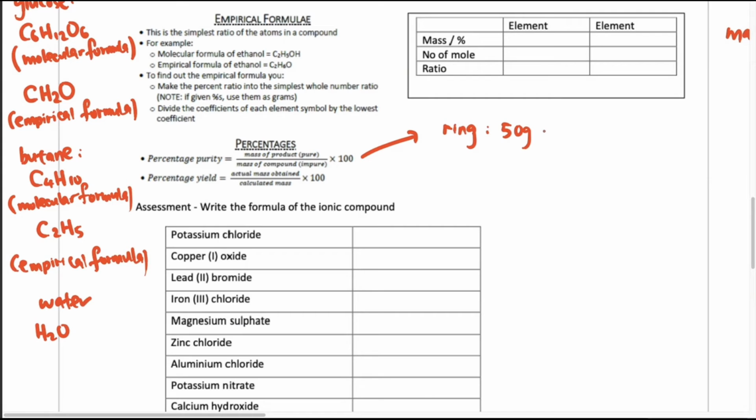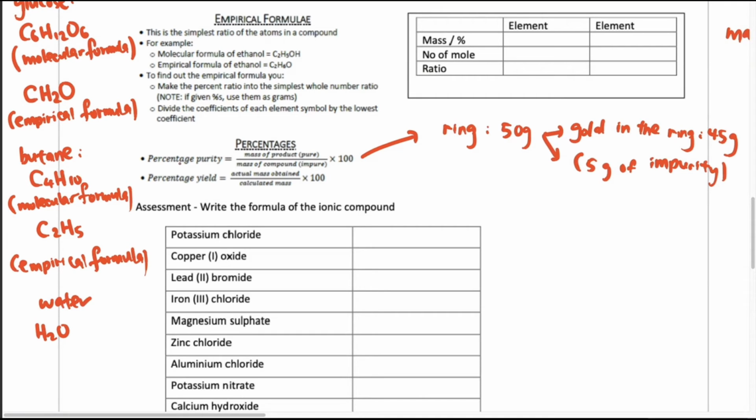Okay, so let's say the ring is 50 gram, but the gold inside is just 45 gram. There are 5 gram of impurities. So let's say something like this. The ring is made of gold with some impurities.